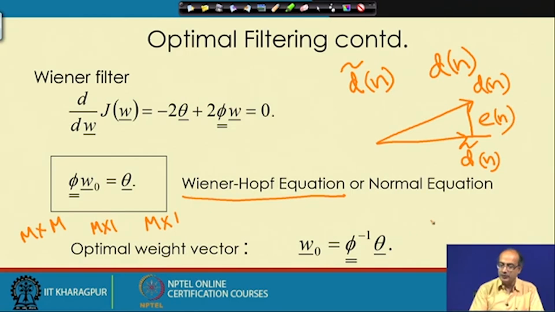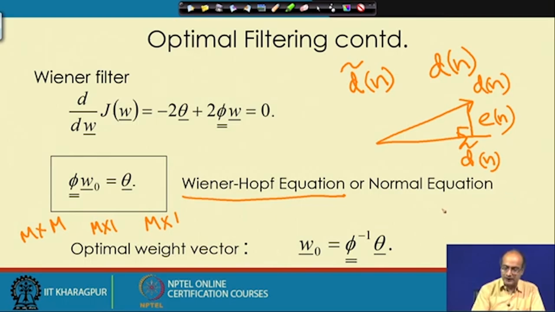The error would be minimum when this vector is perpendicular. Okay. So, that is why we call this equation the normal equation. That means the prediction and the error would be normal at this condition, and that is how the name normal equation came.